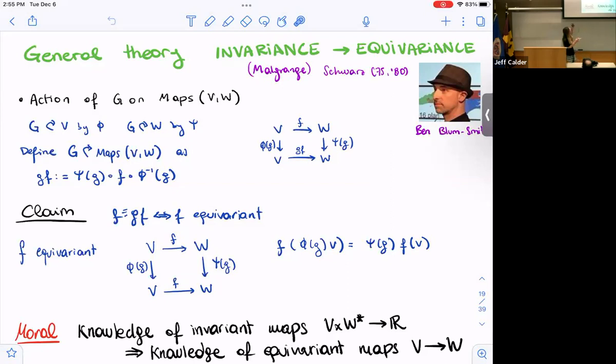So basically the idea is, if we have a group acting on a vector space and the group acting on another vector space, then there's a natural action, which is the group acting on the space of maps from V to W, and the fixed points of the action are going to be the equivariant functions.